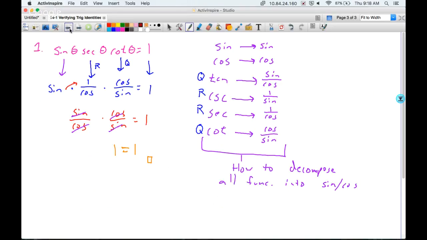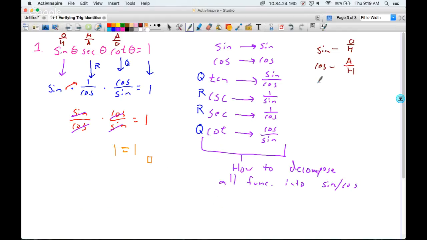To do that, above each, I write the ratio that it represents. Sine is opposite over hypotenuse. Secant is hypotenuse over adjacent. And cotangent is adjacent over opposite. It might be worthwhile to just quickly write those down, so you don't have to always be thinking about it.